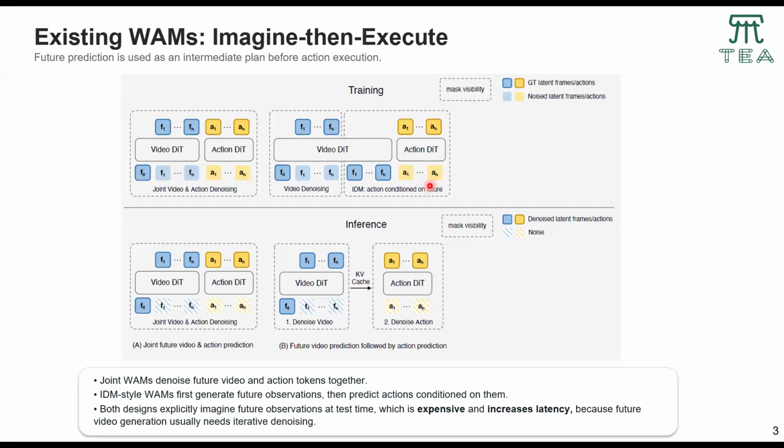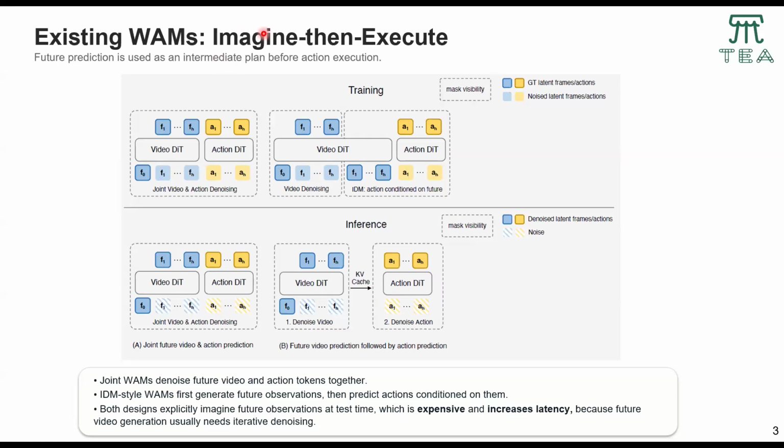Next, let's see how existing world action models work. Most of them follow an imagine-then-execute paradigm. The idea is intuitive.